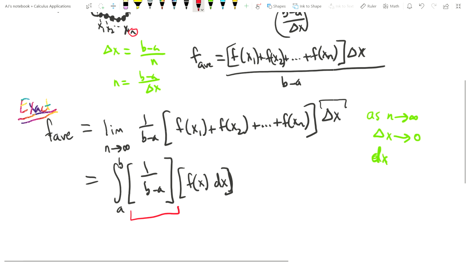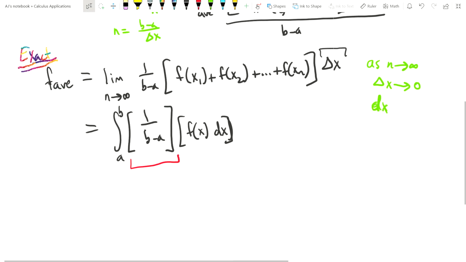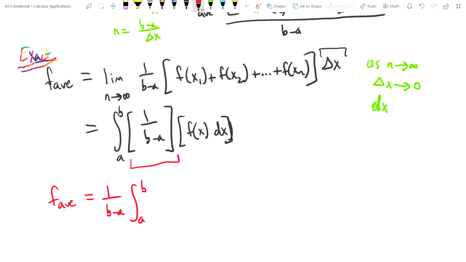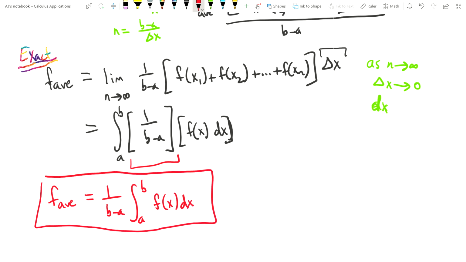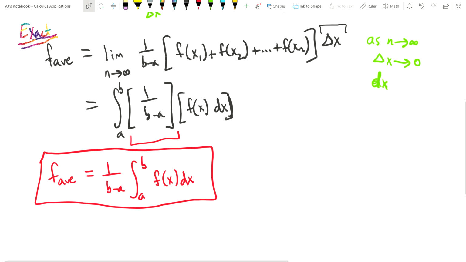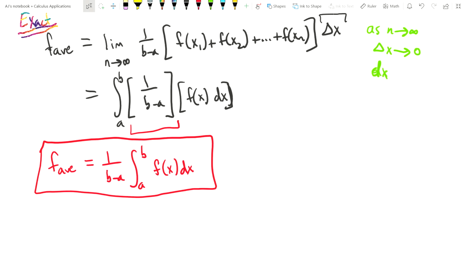So we can pull this out in front of the integral, and we now have the average value of this function is 1 over b minus a times the integral from a to b of f of x dx. And this is the exact answer to the problem we were looking for. This is the exact way of finding the average value of a function.